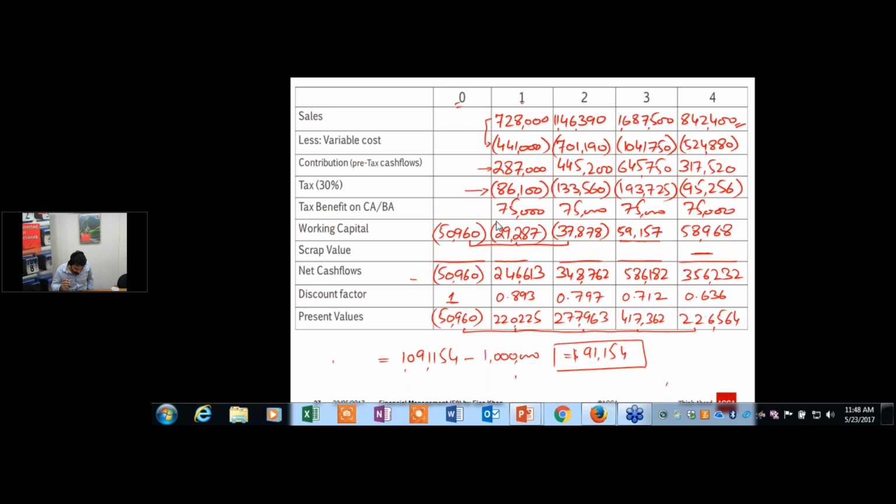Rishab, if the difference is due to rounding off, you will not lose any marks. Make sure that you don't make any conceptual mistake. You may round off the figures to two decimal places in case of decimals, and you may round off to the nearest thousand as well in some cases.